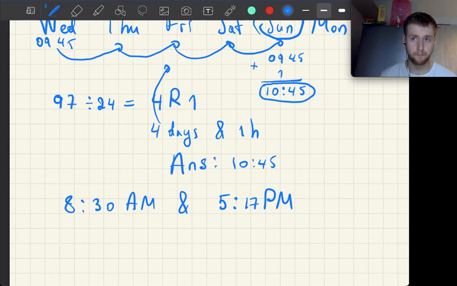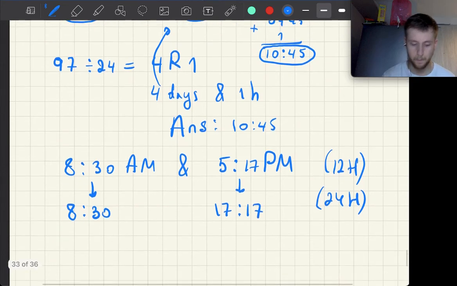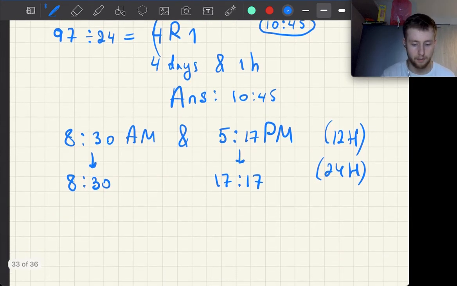First of all, we can subtract them, but to subtract them we have to convert them to 24-hour format. So right now it's 12-hour format. We have to convert them to 24-hour format. So 8:30 a.m. stays 8:30, and 5:17 p.m. becomes 17:17. And now we can subtract them.